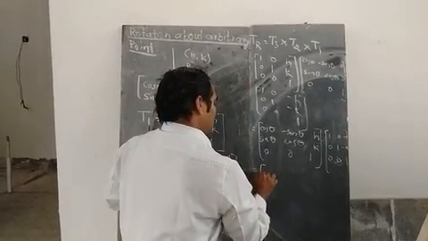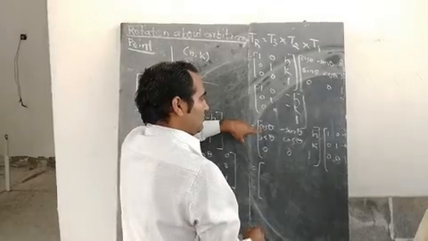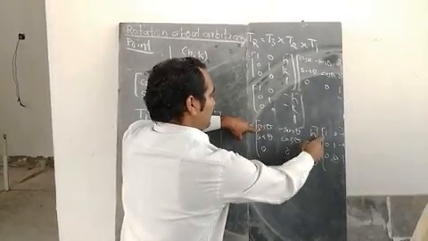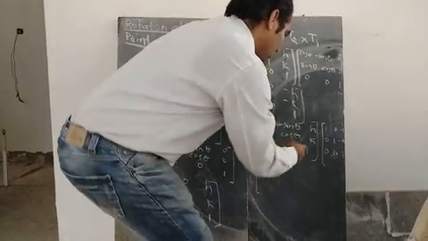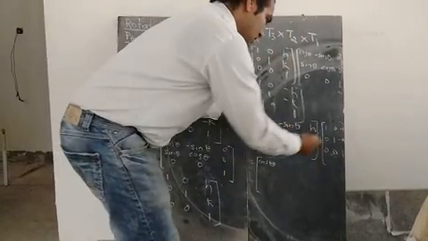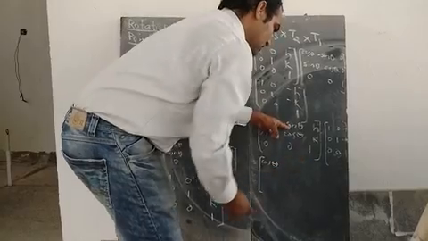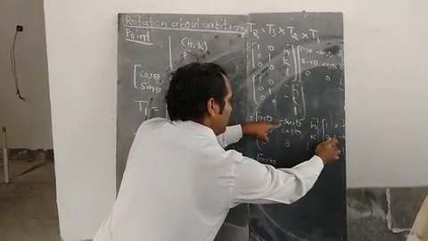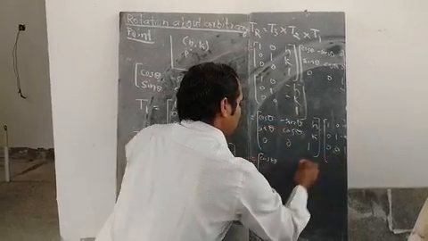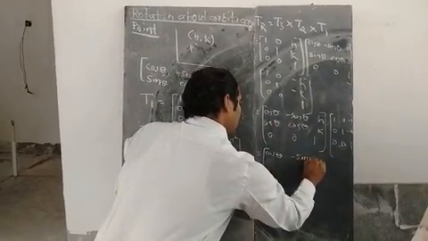Just multiply and your answer will be ready. That is cos theta plus 0 plus 0, then 0 minus sine theta, it is minus sine theta.